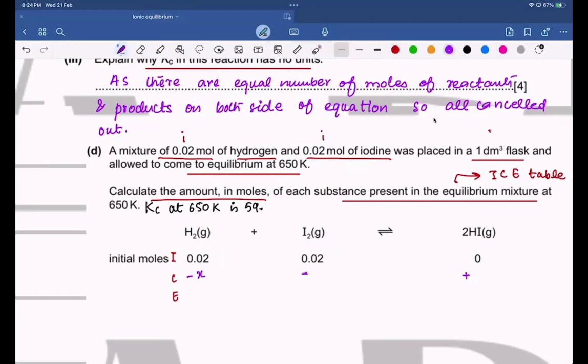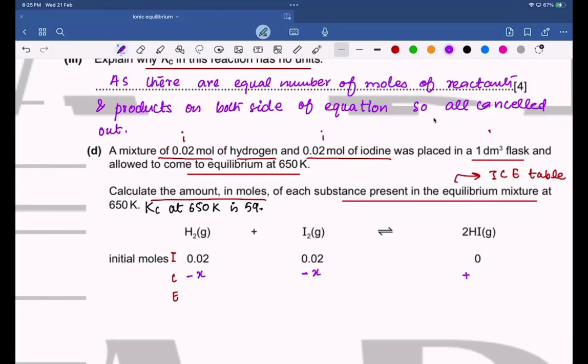And if the change is minus x for hydrogen, then for iodine, what will be the change? Minus x. Is this clear to all of you? If any one of you has any confusion, please ask. Is this clear?